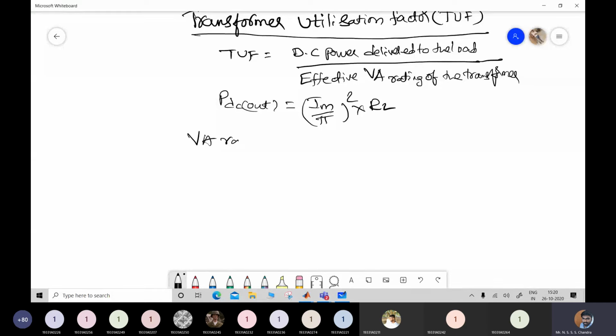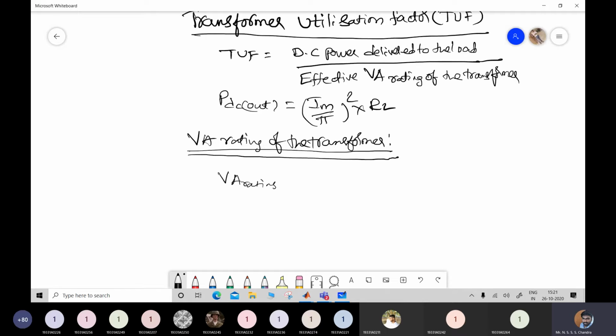So the VA rating of the transformer. For a half-wave rectifier and the bridge rectifier, it is very easy, but for a center tap, finding the VA rating is not directly evident. So we shall see that at a later stage. For the VA rating of the transformer, as I told earlier, we will take the secondary terms.